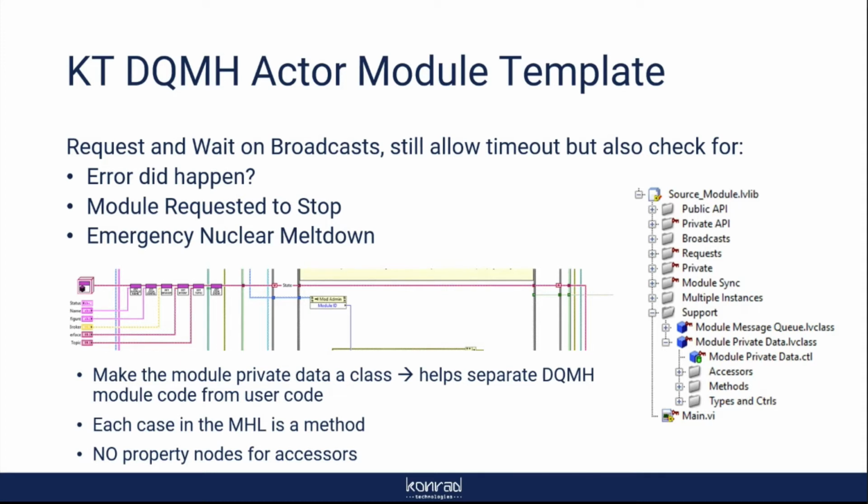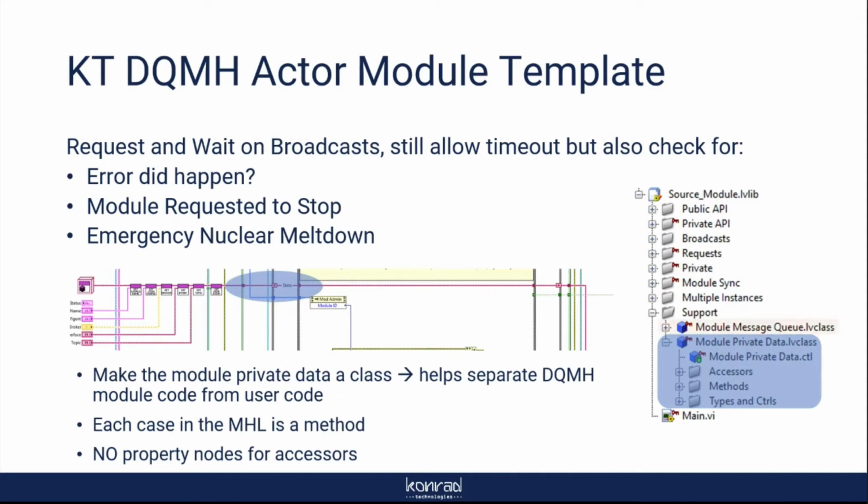A few other things we often do is we actually replace the class. Usually this is a cluster in a DQMH module, but we replaced it with module private data. And that means that every case we try to make in our model handling loop is a method. And this will separate our code from the DQMH framework to kind of say that's DQMH stuff, this is Conrad stuff that we've changed.